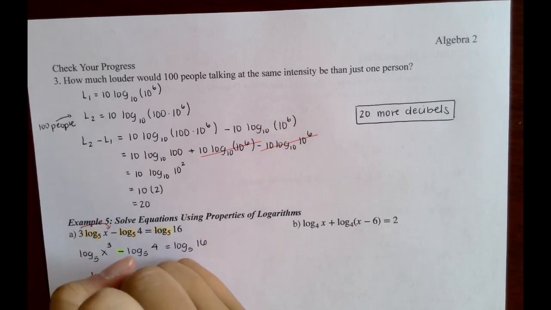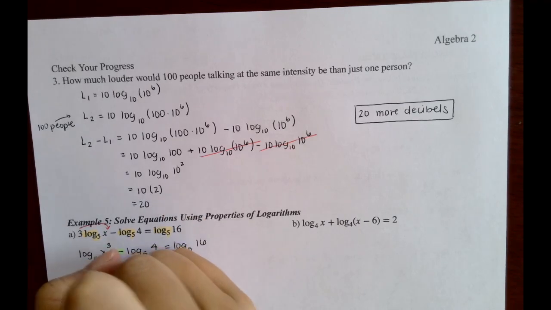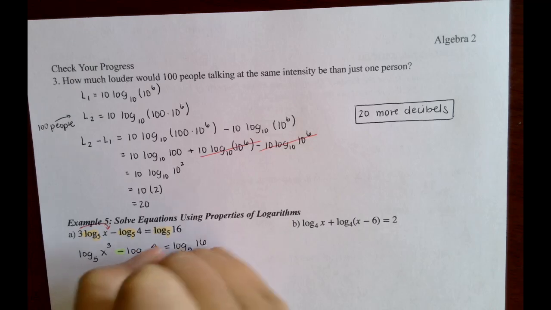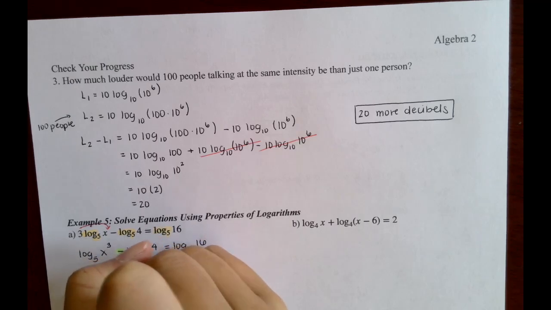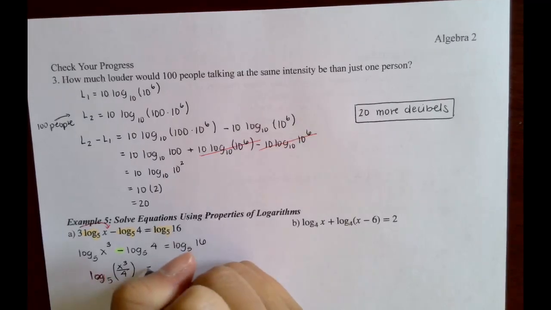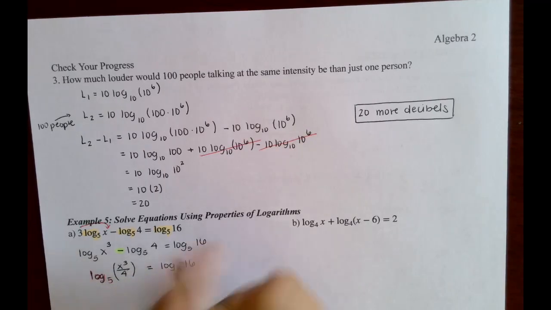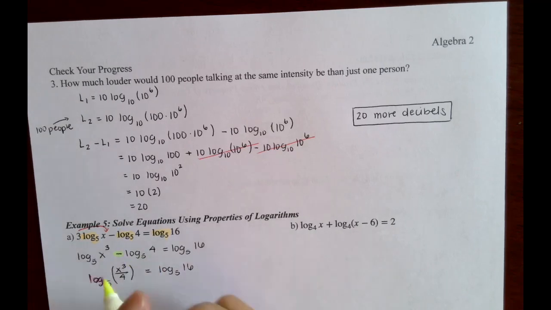So log base 5, and it's going to be x cubed over 4. We're taking the logarithm of this whole thing equals log base 5 of 16.